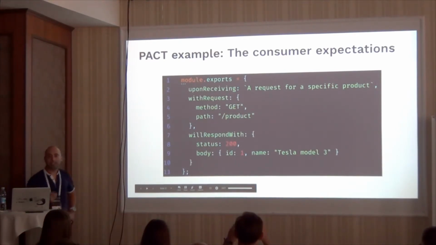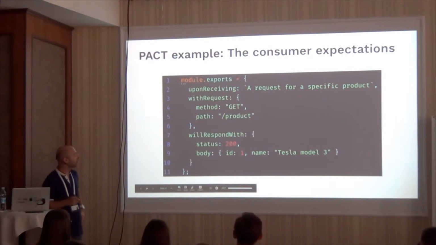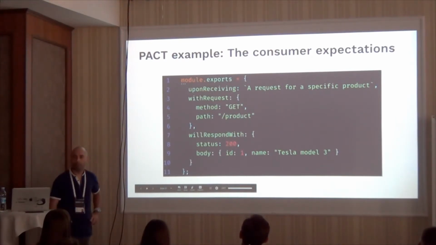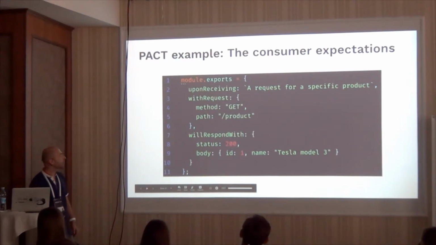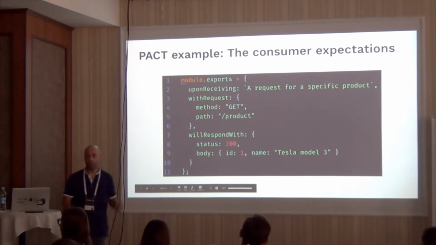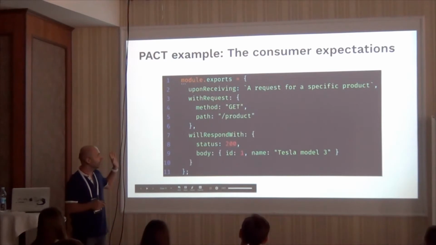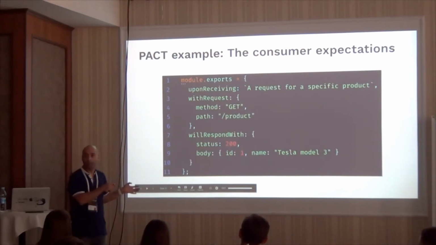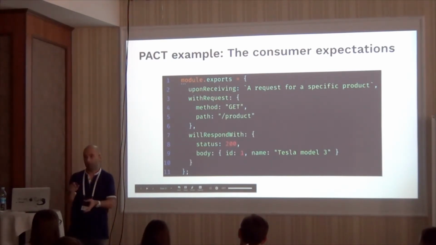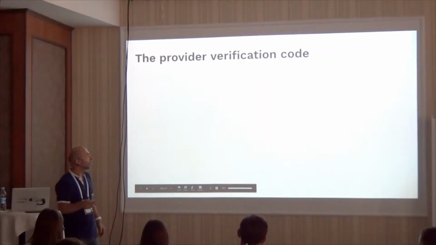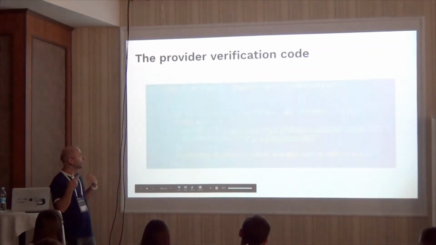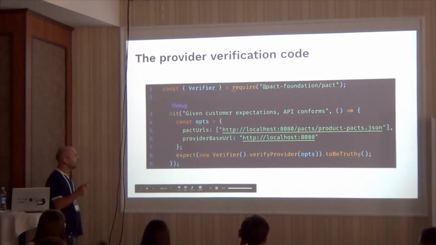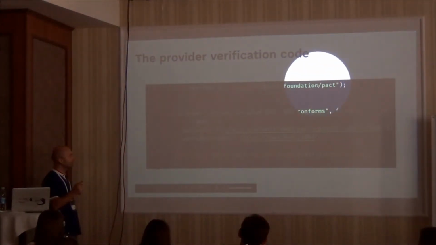So this is what the expectation files, the pact file, look like. See, it's a very typical API description schema. If I send this, I expect for that. Very expressive API schema. Then the consumer, every time he runs testing, Pact automatically will send these files to the broker. And then on the provider side, as you can see, he's using Pact.